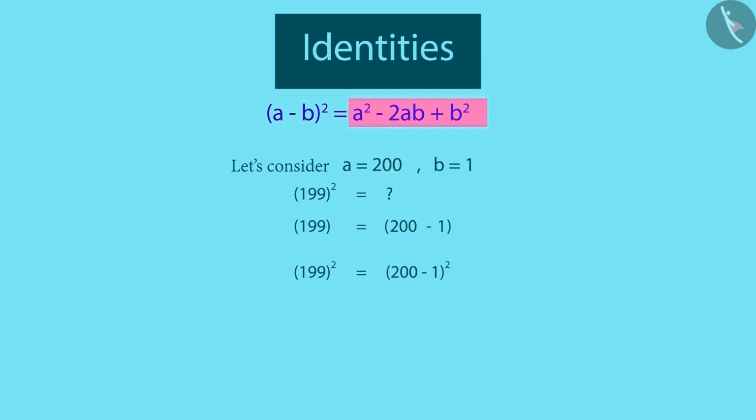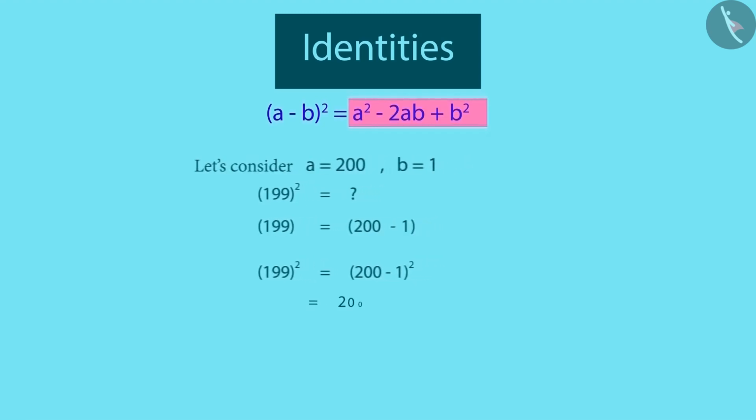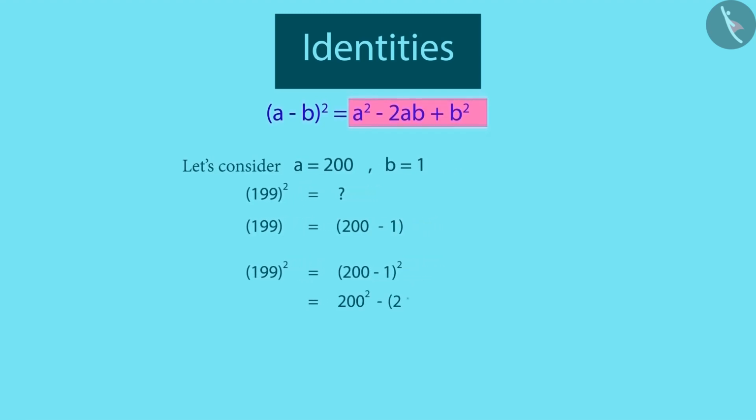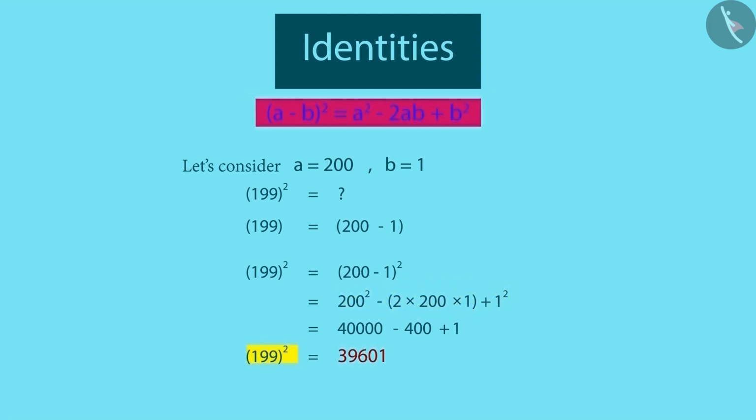Now substituting this on the right-hand side, we get 200 raised to the power of 2 minus 2 multiplied by 200 multiplied by 1 plus 1 raised to the power of 2. Now we can see that calculating these three terms is very easy. After further simplification, we will get this. Therefore, we see that to find the square of such numbers, we can use this identity.